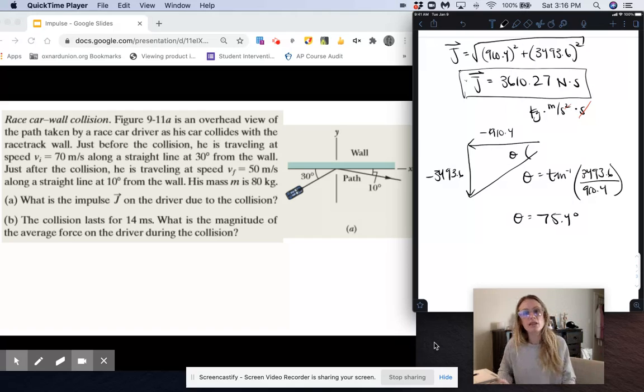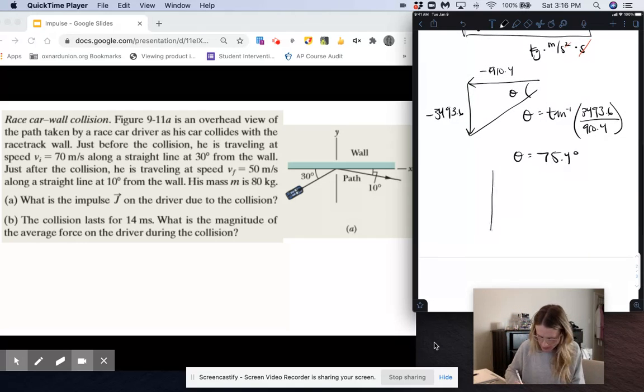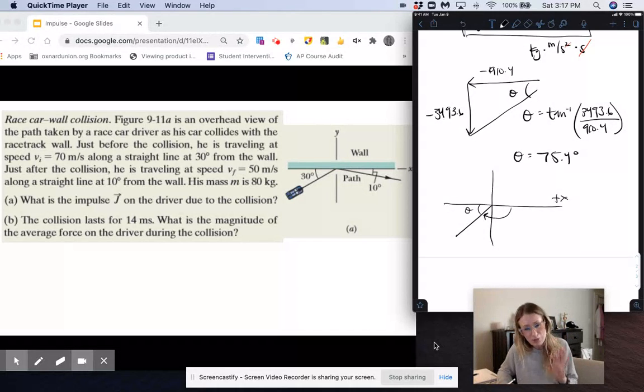Now, usually they want this angle from the positive x-axis. So if they want the angle from the positive x-axis, remember this is positive x, and then this was the angle that I found here. In order to find the angle I would usually want, I just subtract what I just got from 180.